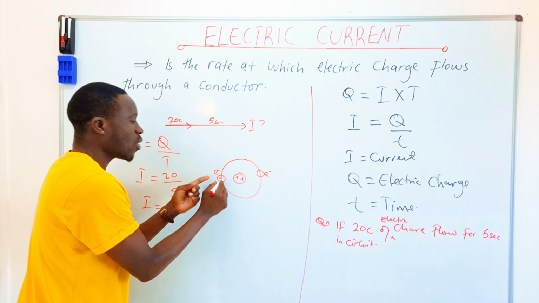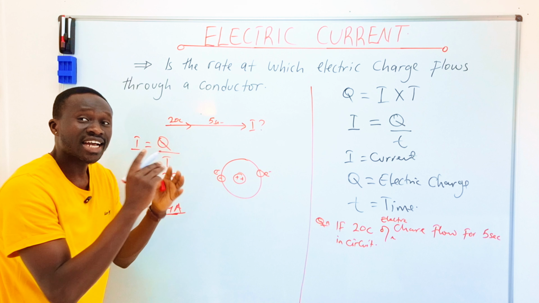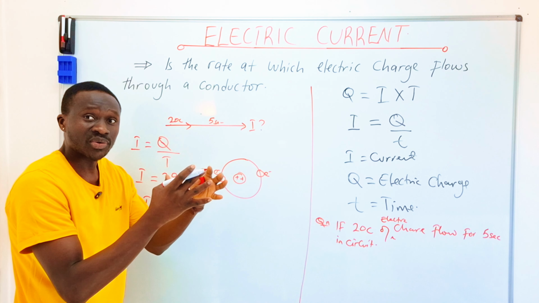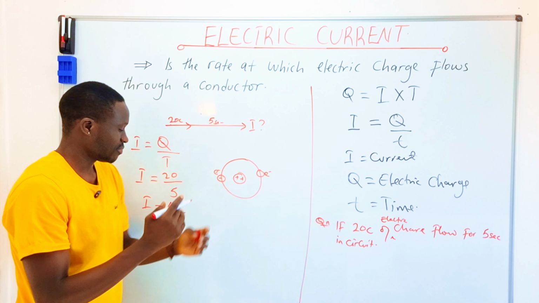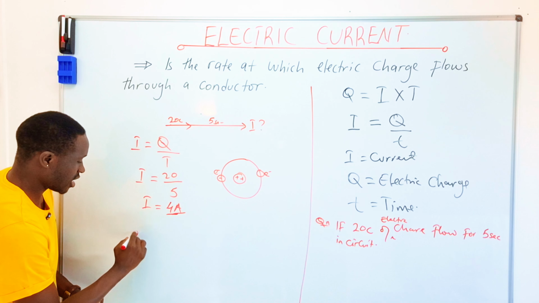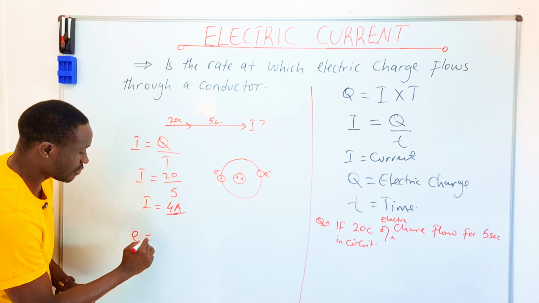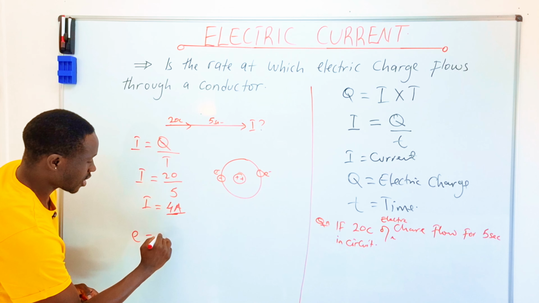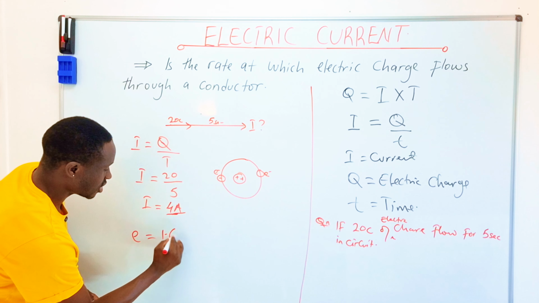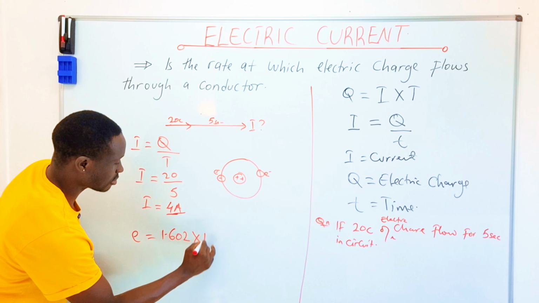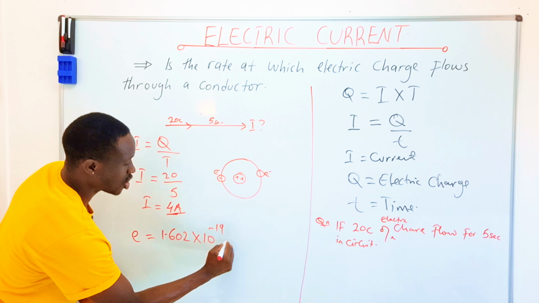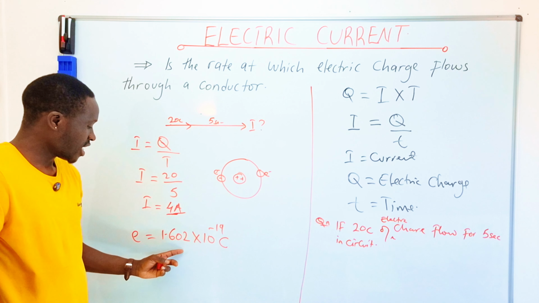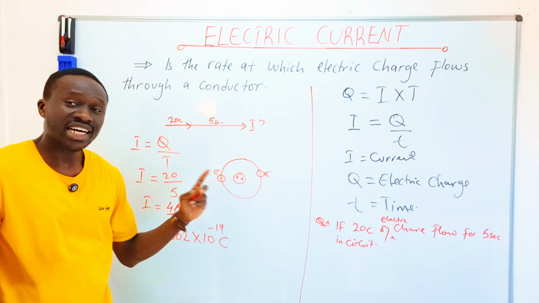Now, one electron has a certain quantity of electric charge, and one electron has 1.602 times 10 power minus 19 coulomb. This is the charge in only one electron in an atom.